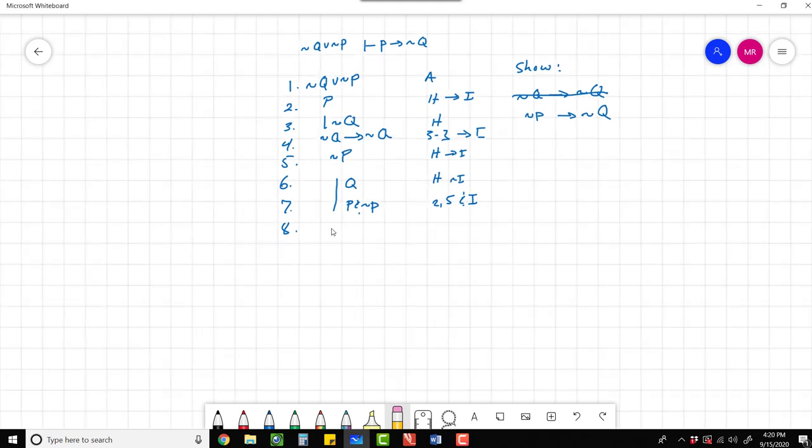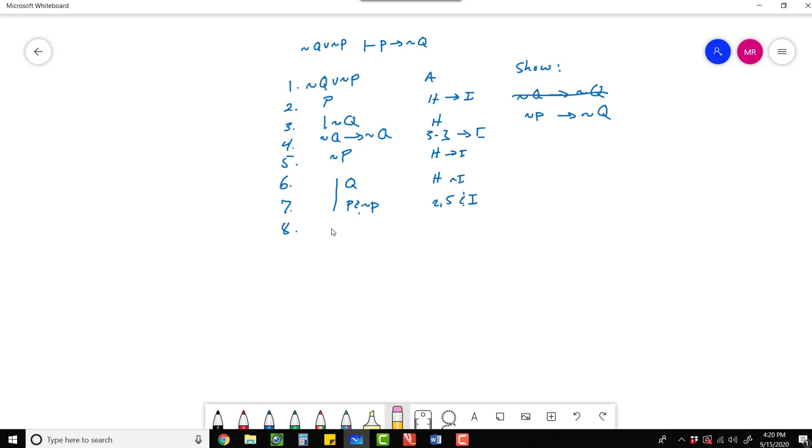So now we can assert the negation of our hypothesis, not Q. And that's 6 through 7, negation introduction. And that allows us to assert the conditional we're working on.